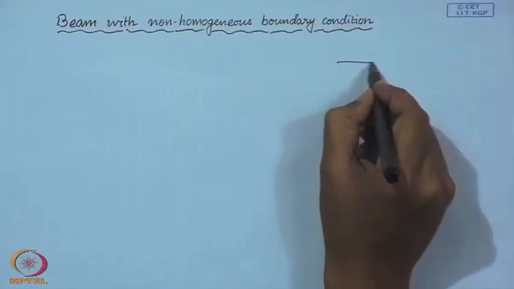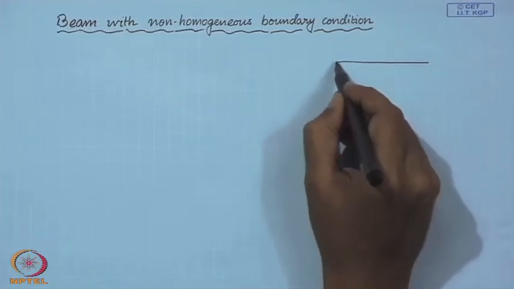So, usually these beams are like cantilever beams. They are fixed on the structure and they vibrate because of base excitation. So, let us consider this example of a cantilever beam.